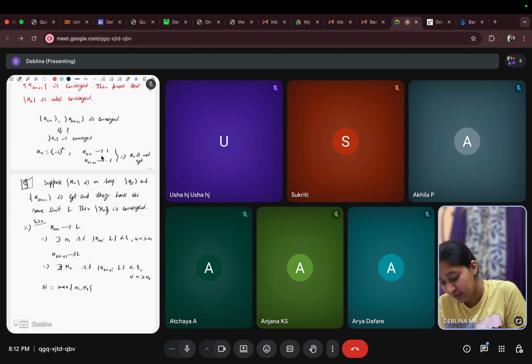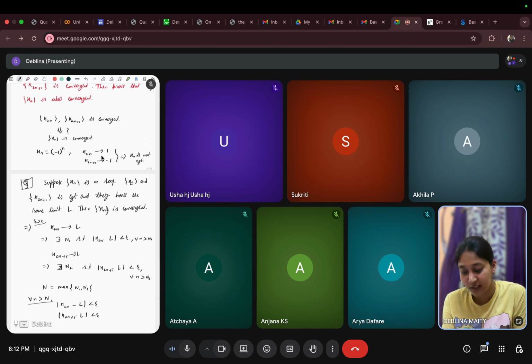So then for all n greater than this capital N, x2n minus L is less than epsilon and x2n plus 1 minus L is less than epsilon for a given epsilon.